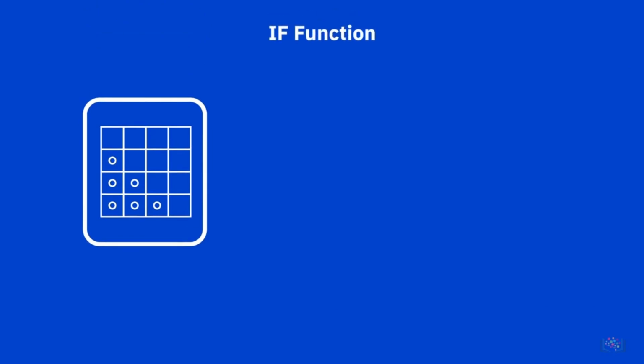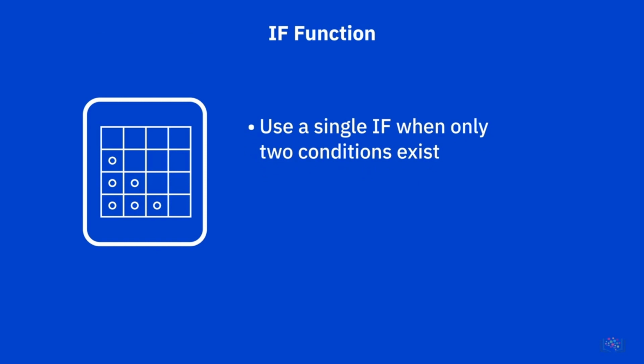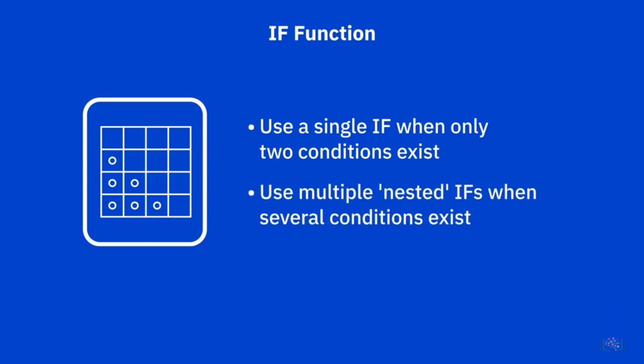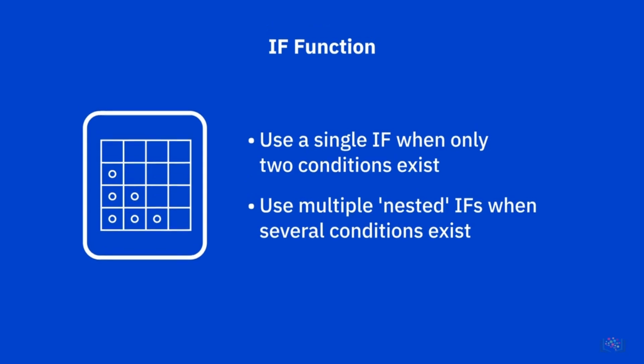In an ideal world, you would only use the IF function to apply one or two conditions, but there may be scenarios where you would want to apply multiple conditions. In these cases, you can use the nesting capabilities of functions to bring together several IF statements in one formula. These are called nested IF functions.